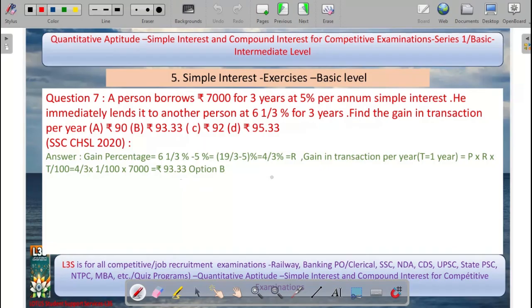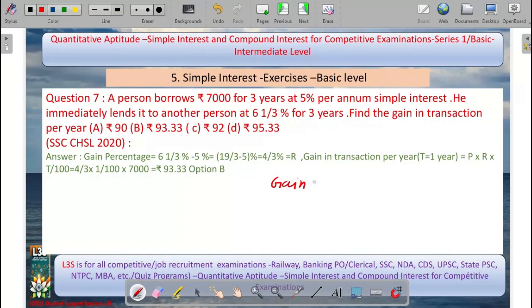First he will borrow 7,000 rupees for 3 years at 5%. Then he lends the same amount at a rate of 6 1/3% for 3 years. Same years, but the rate of interest changes.